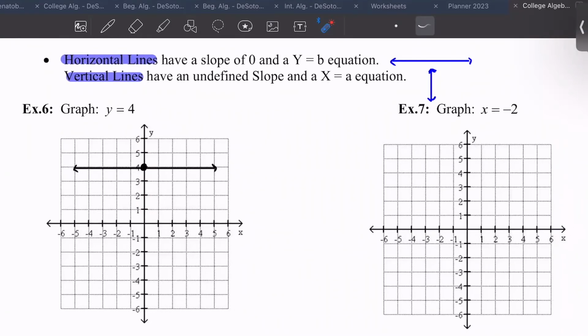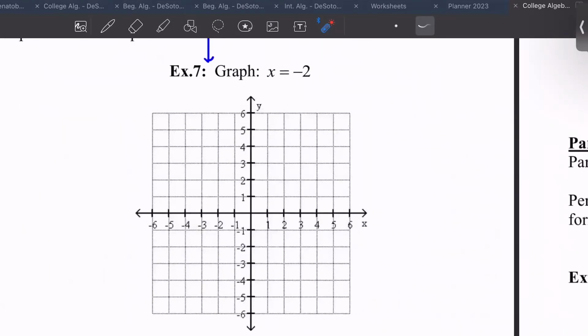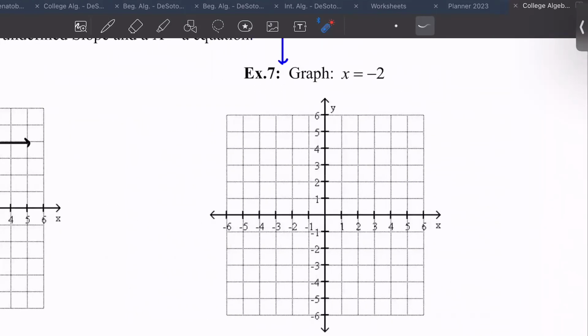So let's say we did x equals -2. You're going to go to the x-axis at -2 and draw your dot. You plotted on a horizontal line, so now you make a vertical line that passes through that point.